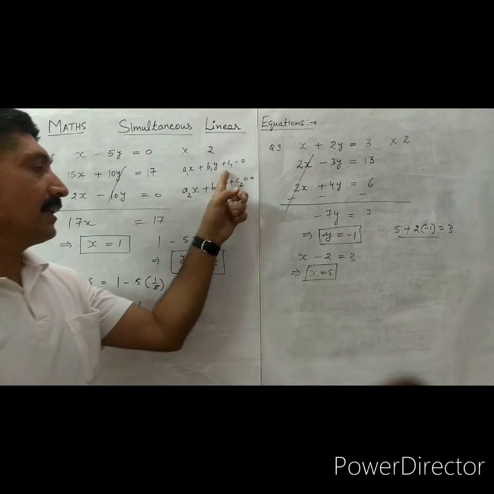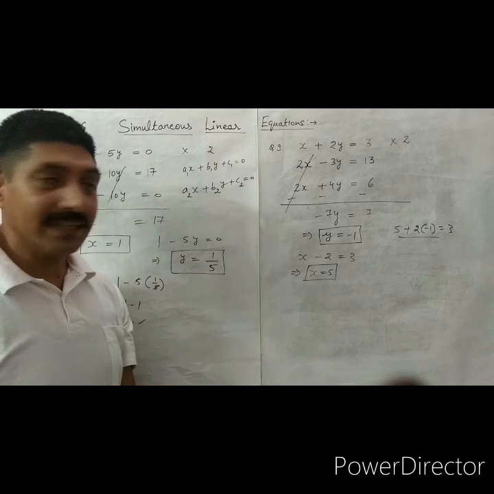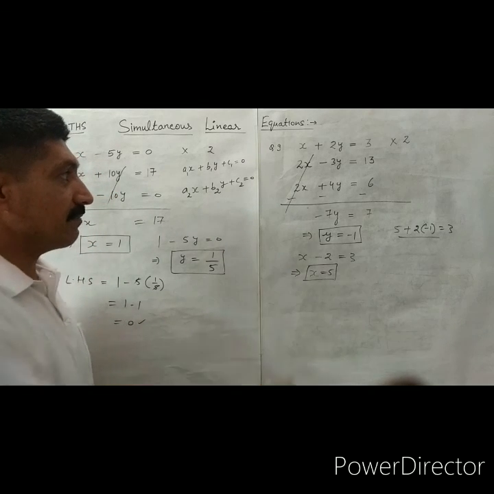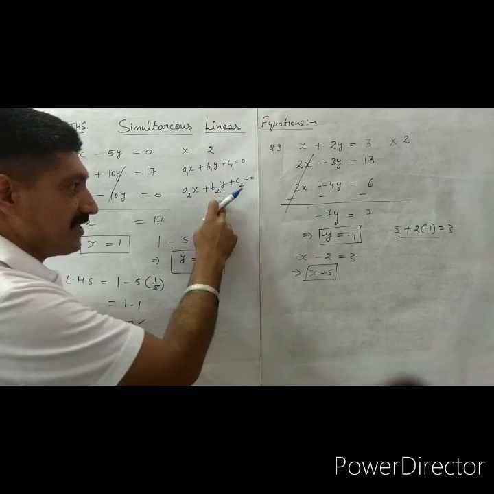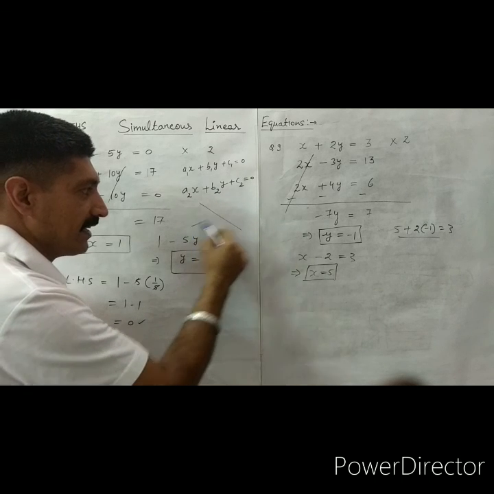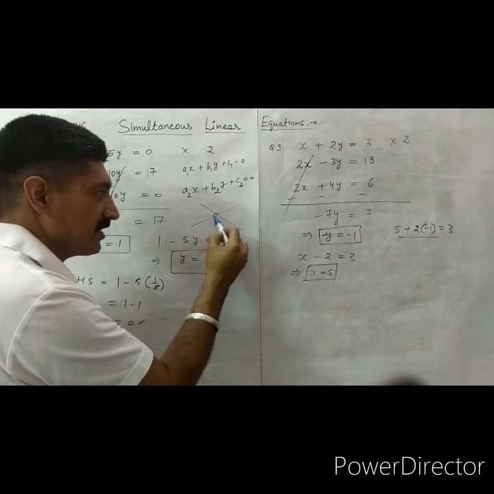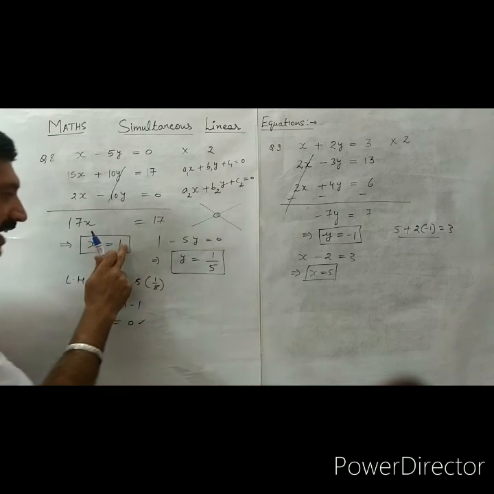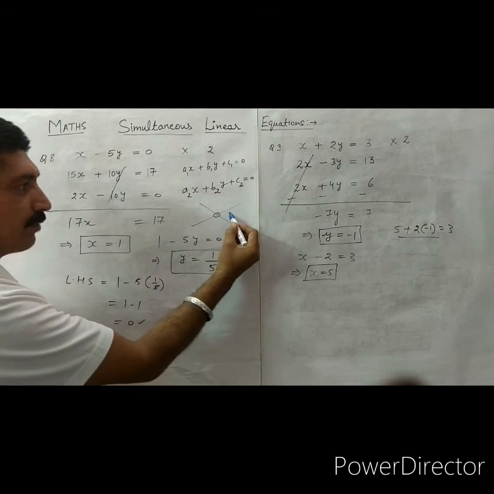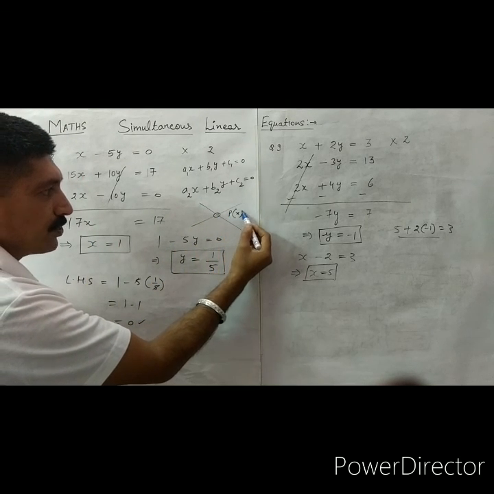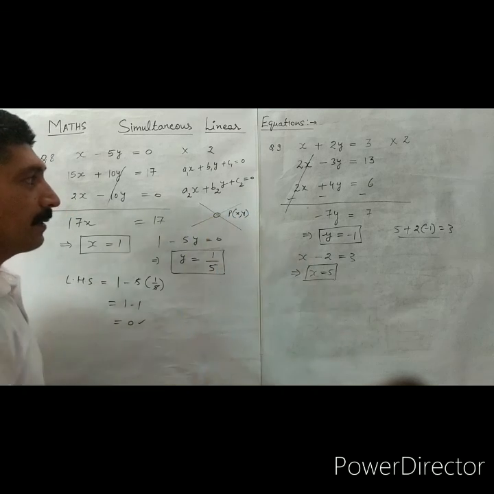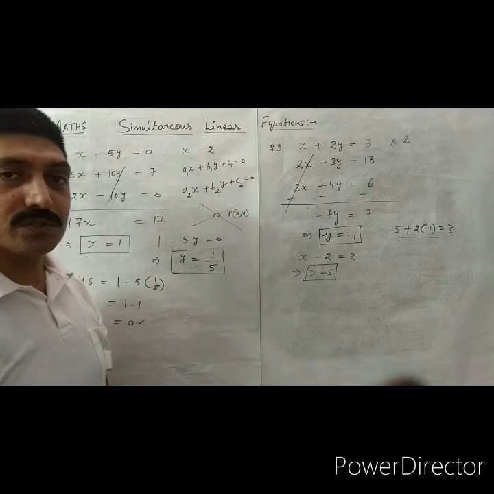Each equation represents a line, and when these two lines intersect each other, the point where they intersect, here x and y, is the point P, the solution for this pair of linear equations.